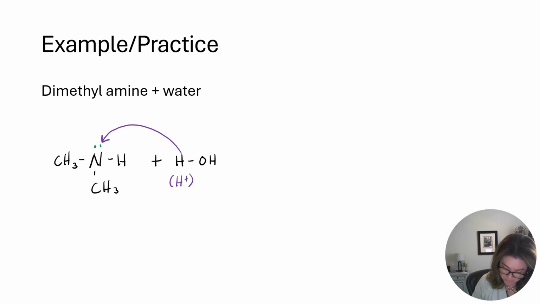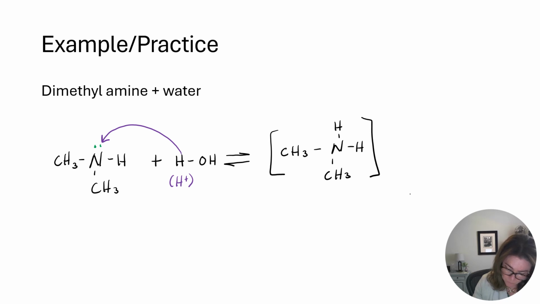When that happens, and again, this does exist at equilibrium, that nitrogen, or that amine, becomes charged. That H+ essentially went onto the lone pair of the amine, and my byproduct is the hydroxide ion.